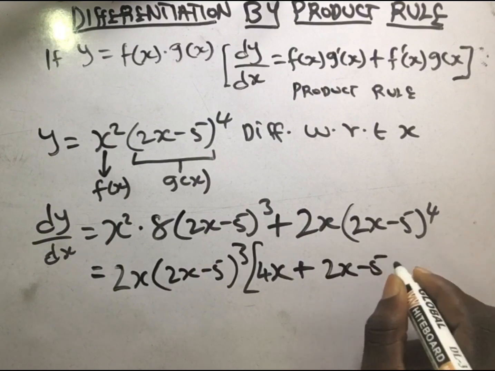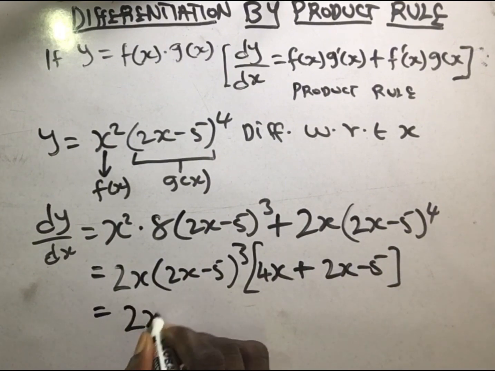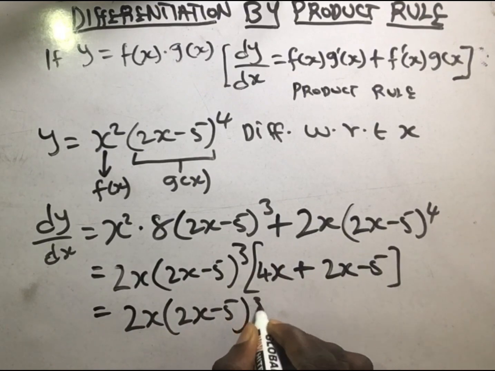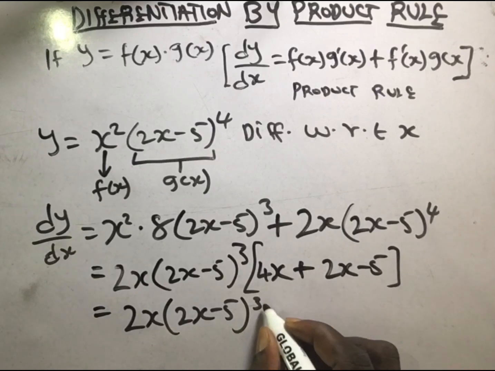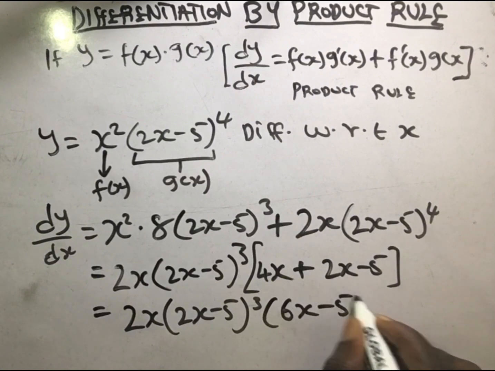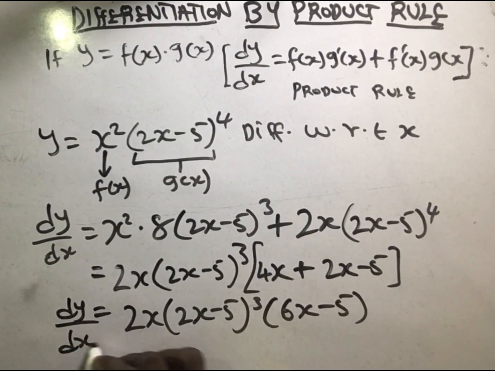And we'll have 2x, open bracket, 2x minus 5, to the power of 3, and 4x plus 2x gives you 6x. And I think we can leave our answer like this. This is actually a good way of leaving your answer. And you can see that this is actually very, very simple.